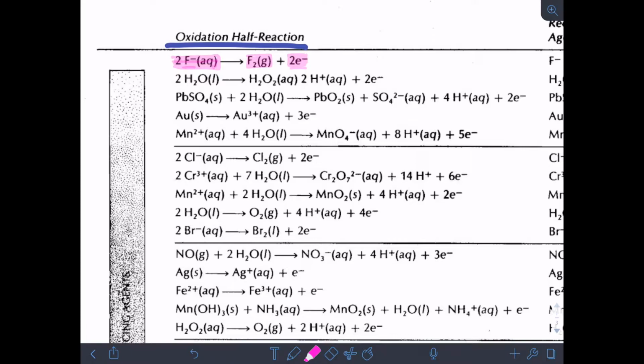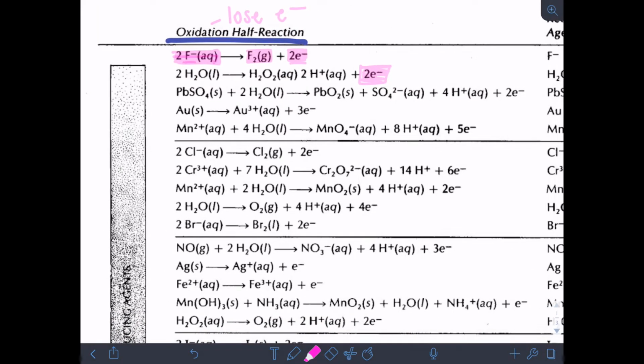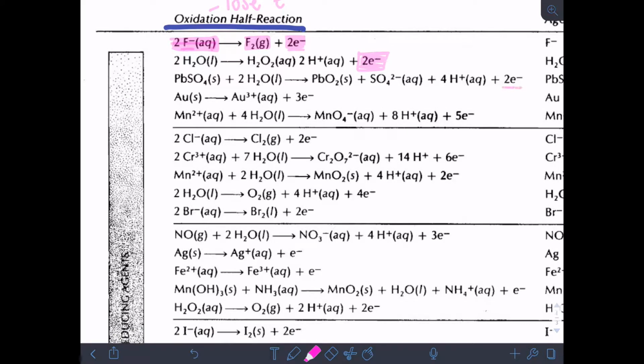This is because oxidation means to lose electrons. And so it's a product of oxidation that you make electrons. So all of the oxidation half reactions will have the electrons on the product side.